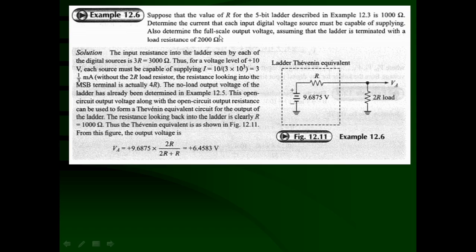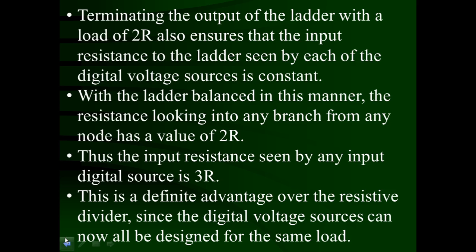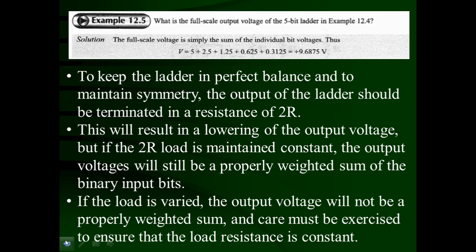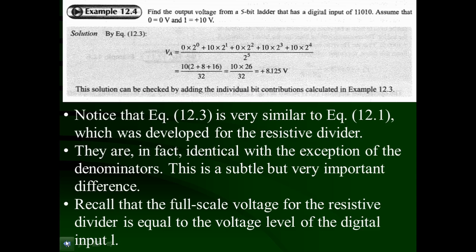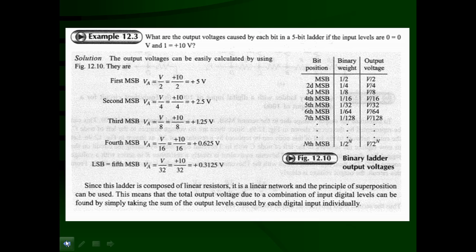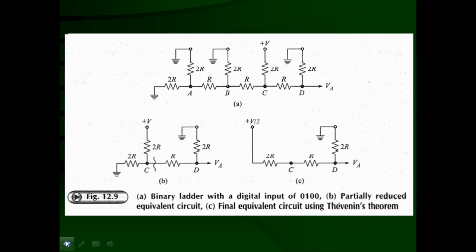Also determine the full scale output voltage, assuming that the ladder is terminated with a load resistance of 2R, that is 2000 ohms. So, your ladder network is terminated with 2R. Here a 2R resistance is connected as a load.